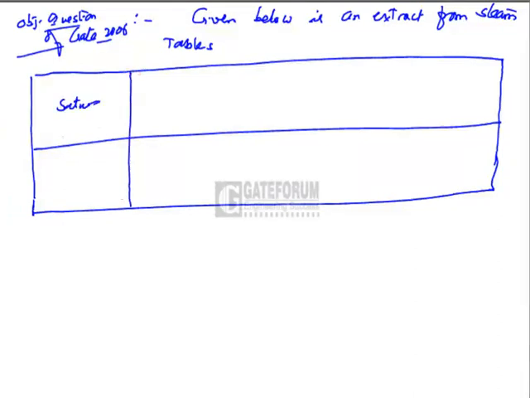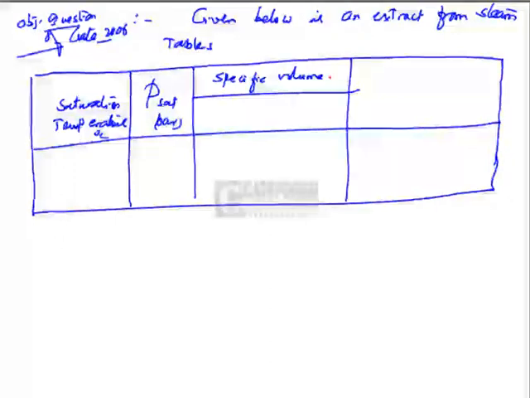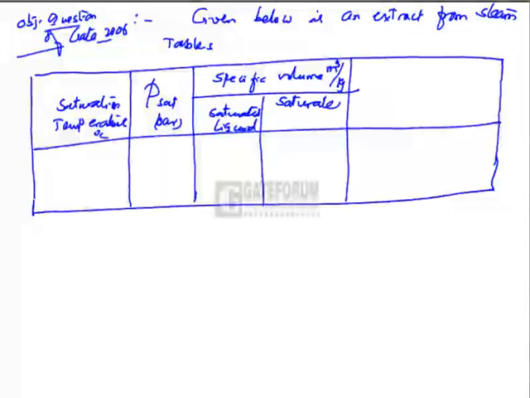The saturation temperature, first column in degrees centigrade, saturation pressure in bar, the second column, specific volume, the third and fourth columns are for specific volume in meter cube per kg, which is given as first column is saturated liquid, that is Vf, and the second column is saturated vapor.